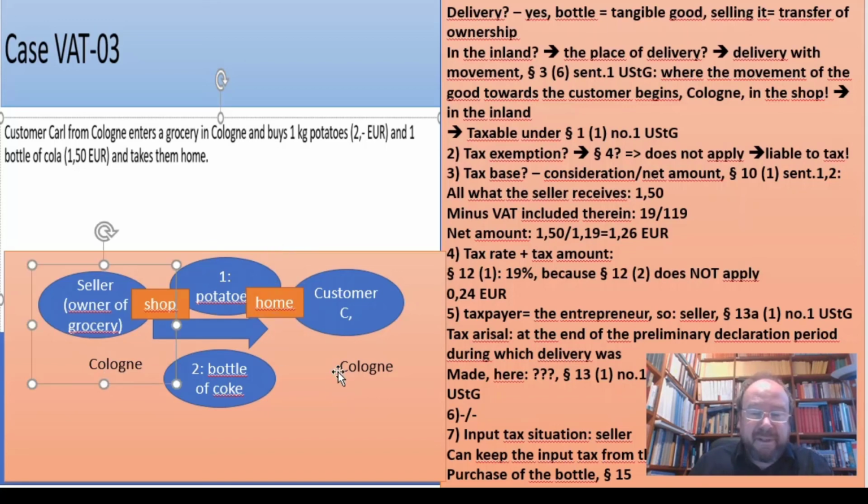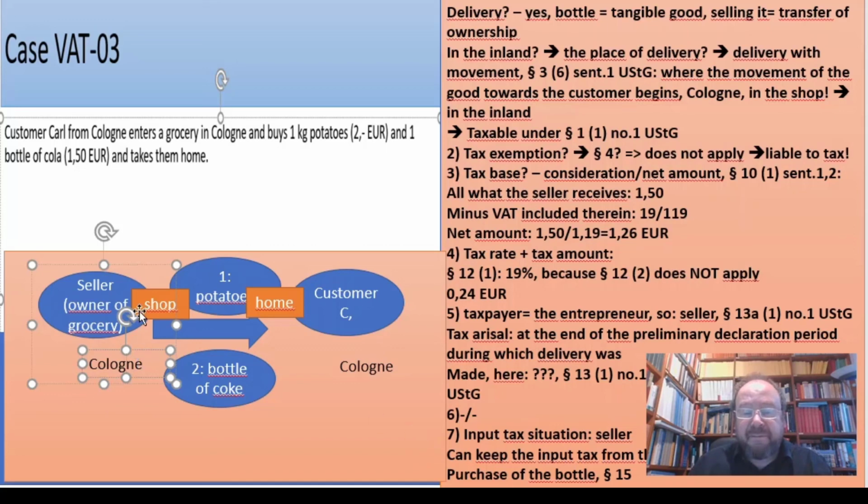Here, the places where the guys live, Cologne. This is rather additional information which is not always needed, but it's helpful to write it down on the sketch. So please remember that it is also very helpful to note down where the people involved have their residence, although you mostly don't need it for the solution of the case, but it's helpful for your brain to keep things apart.